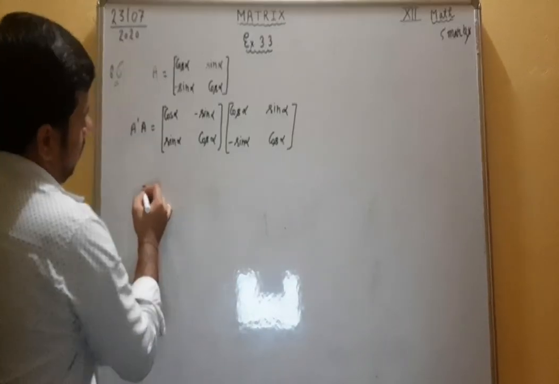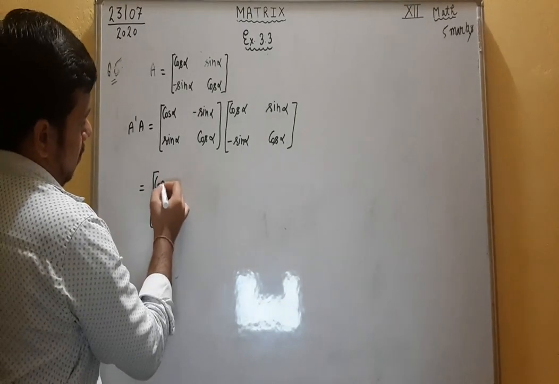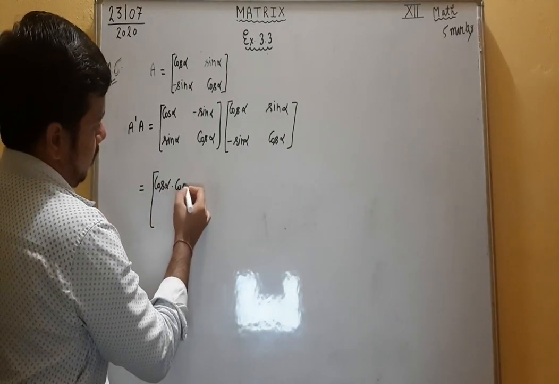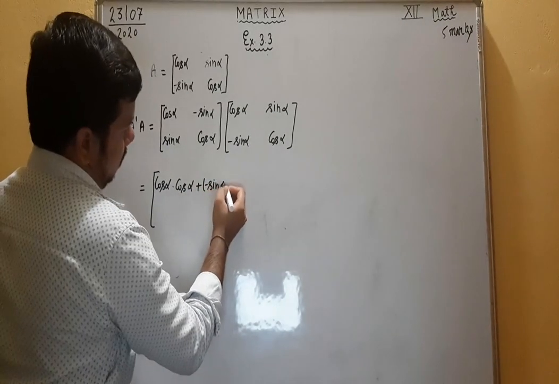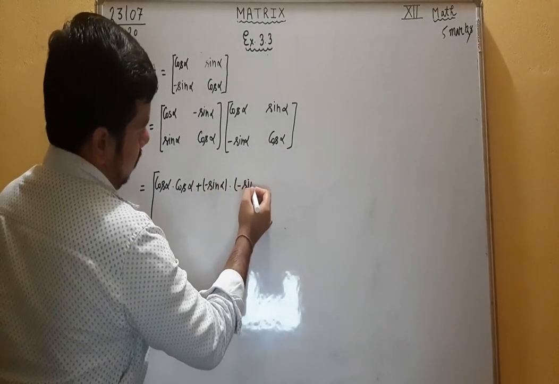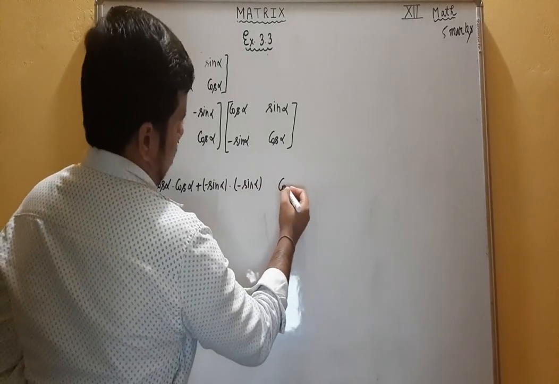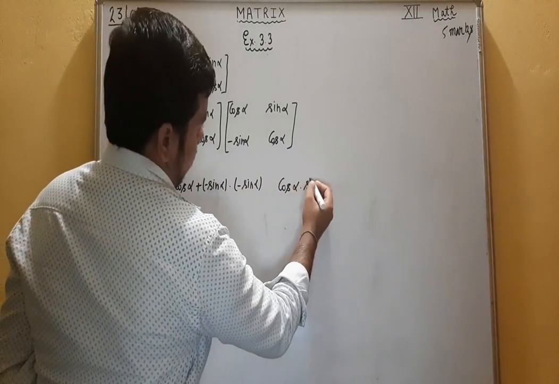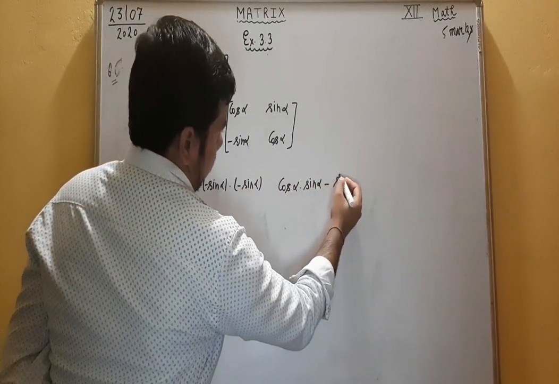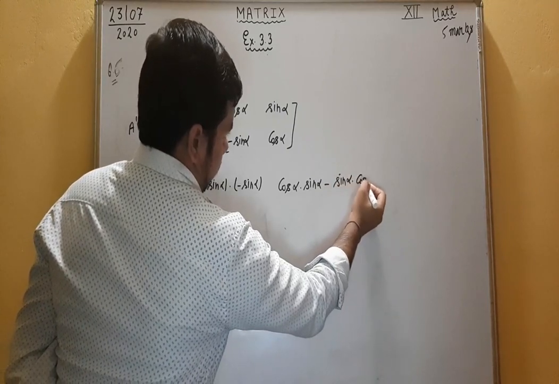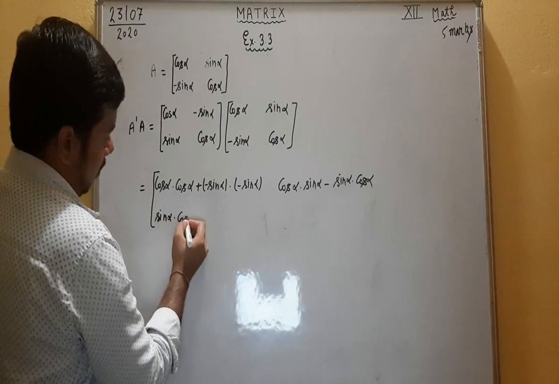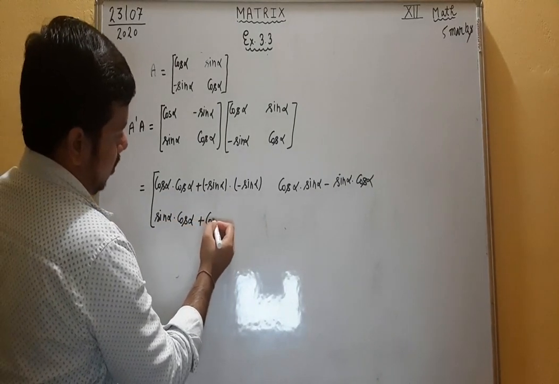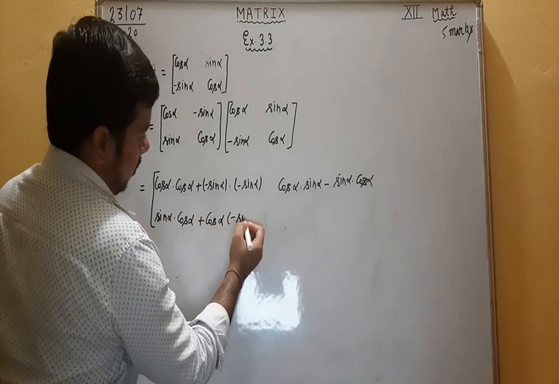Right? First row: cos alpha into cos alpha plus minus sin alpha into minus sin alpha. Then cos alpha into sin alpha plus sin alpha into cos alpha.